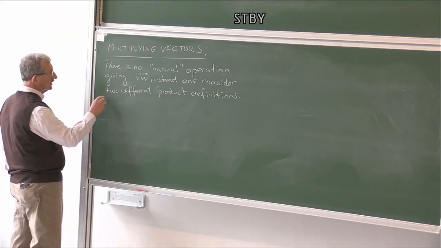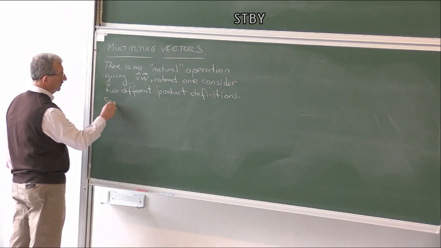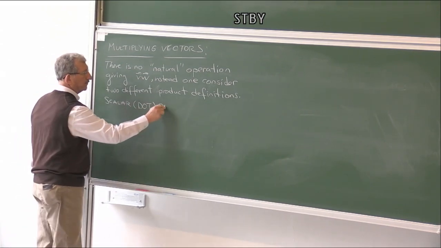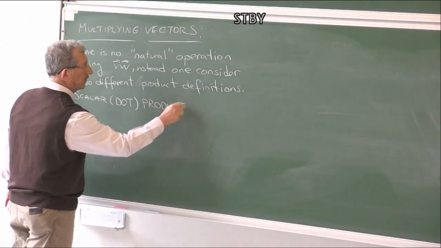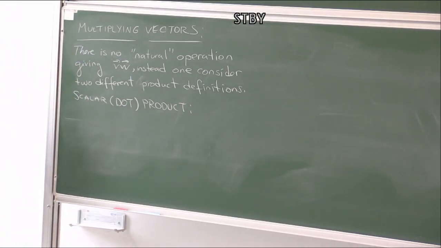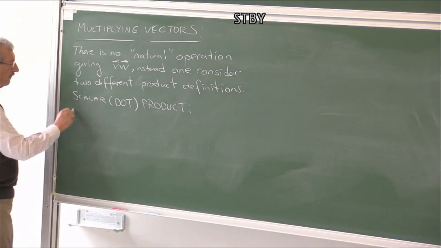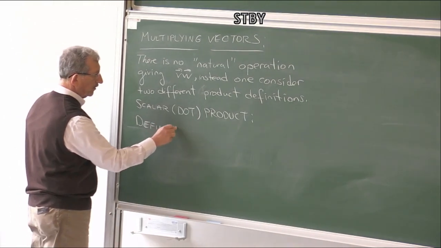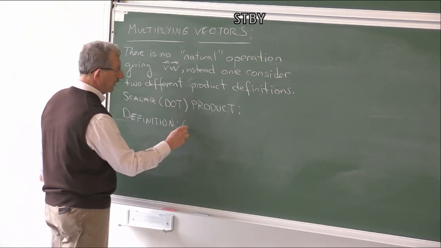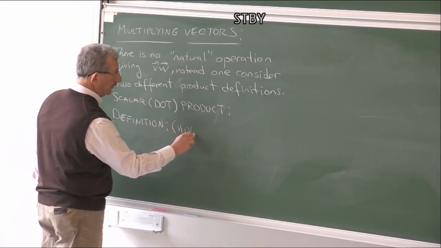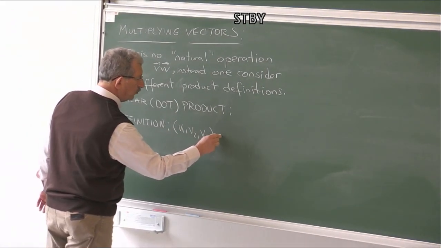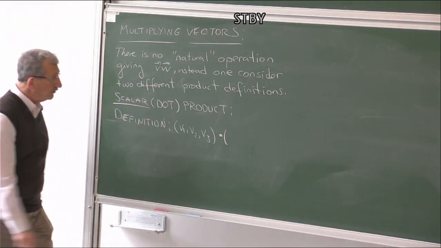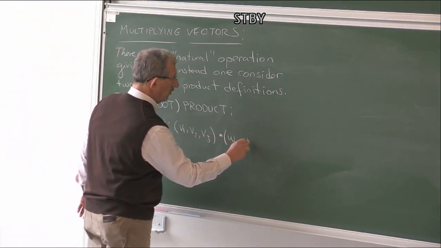The first one is the so-called scalar product, also called a dot product. The scalar or dot product of two vectors is defined as follows. You have v1, v2, v3. You put a dot between them, so that's why we have the name dot.